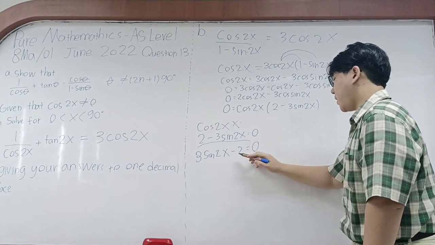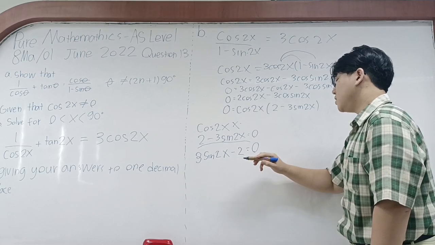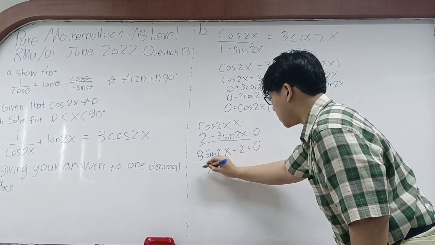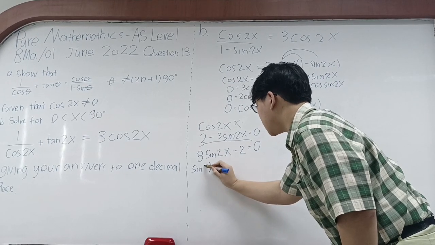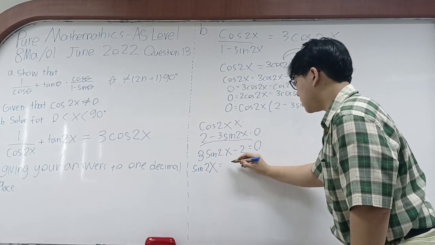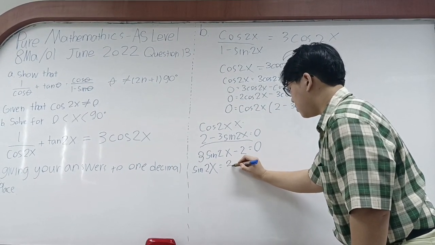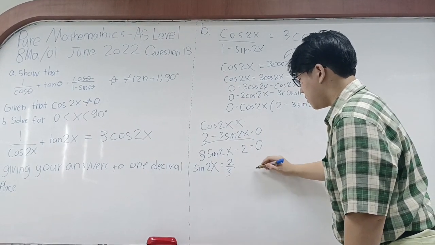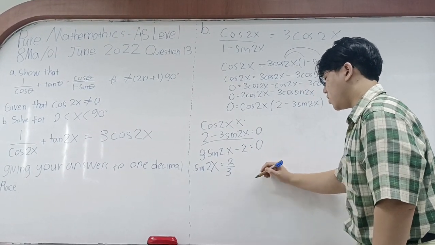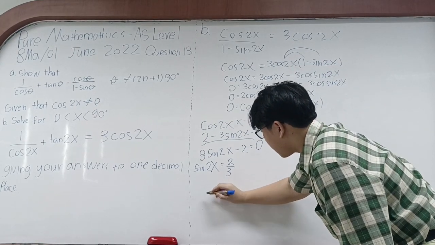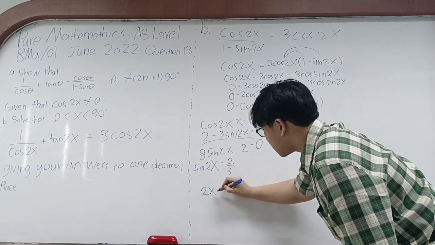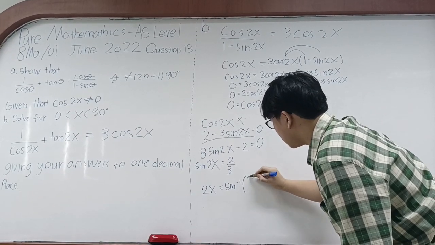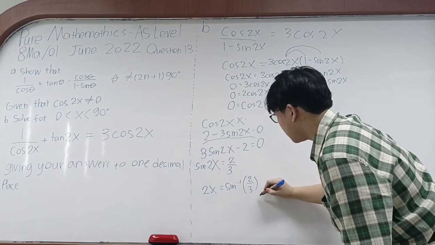So we're just going to move the minus 2 to the right hand side and the 3 to the right hand side, giving us sin 2x equals 2 over 3. Which will give us 2x equals sine inverse 2 over 3.